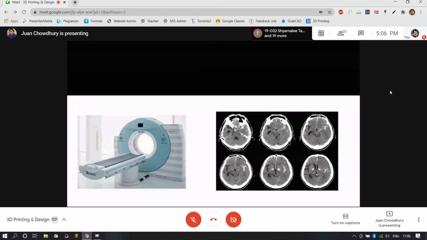However, if in some way you can use this scan to regenerate the brain, then the doctors, of course, or the surgeons can carry out the surgery on a hypothetical model of the brain itself and then see what sort of challenges may arise prior to the actual surgery. So this gives a tremendous technological advantage so that we can do benefit to humankind. And this is only possible because of, one, the scanning system, and two, 3D printing, because we are able to create some solid models out of it.